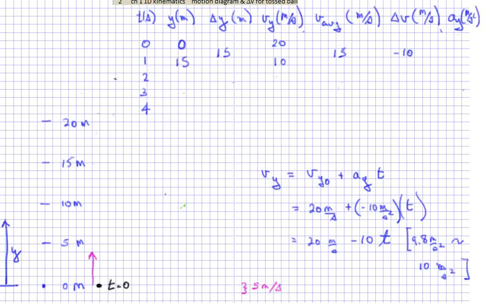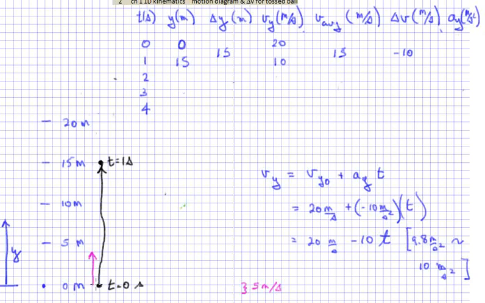And so the motion diagram analog of this is that I draw my ball 1 second later up here, and I now have an upward displacement of 5, 10, 15 meters, like that.